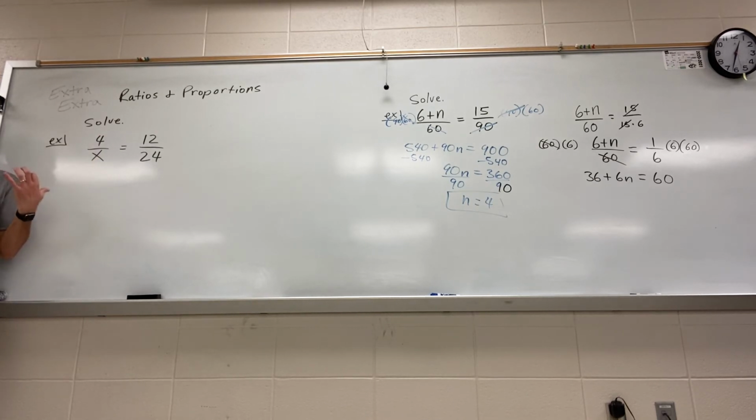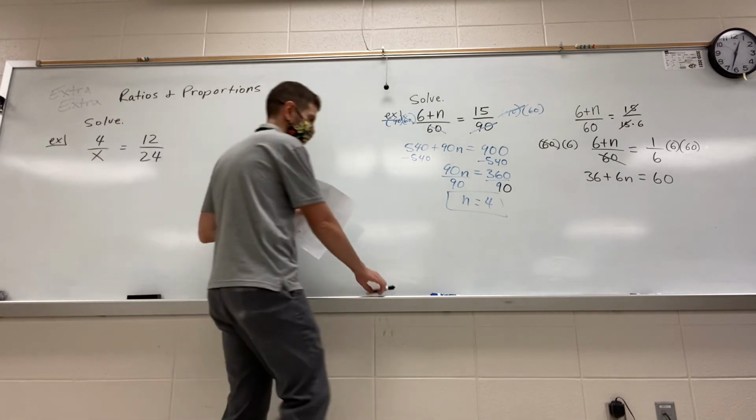But another thing that you can do is you can still remember that, well, first of all, it's kind of difficult to solve for x when it's in the denominator. But what can we do on any proportion to solve it? Multiply by both denominators.